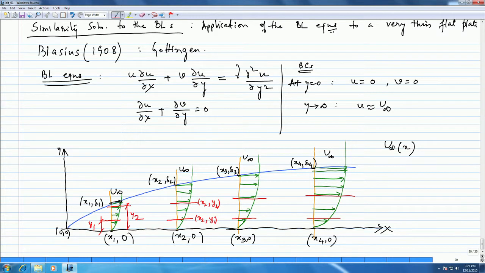is what do you think of the velocity at x1 y1, and the velocity at x2 y1, velocity at x3 y1, velocity at x4 y1.